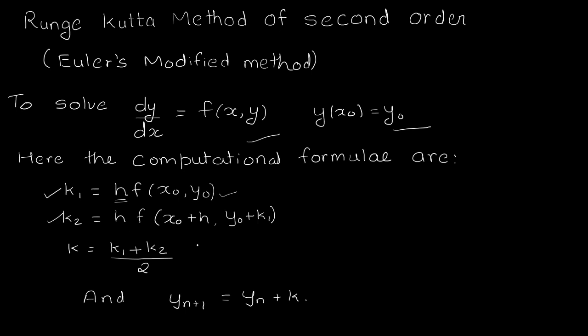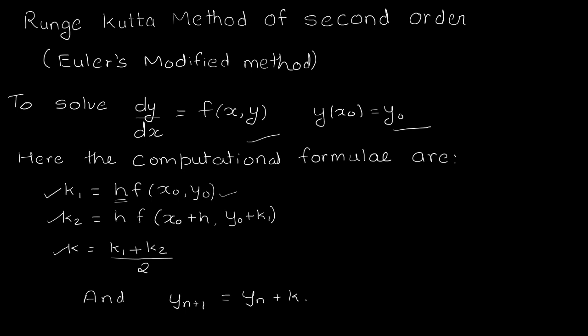Now once k1 and k2 have been calculated, my next step is to find k. And k is the average of these two. Then next is y n plus 1, and it is given by y n plus k. And k is what? The average of k1 and k2.